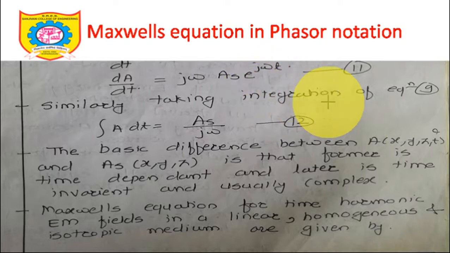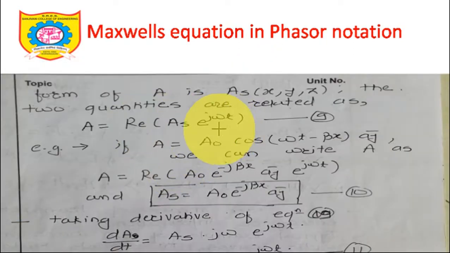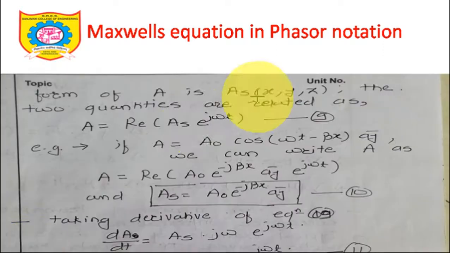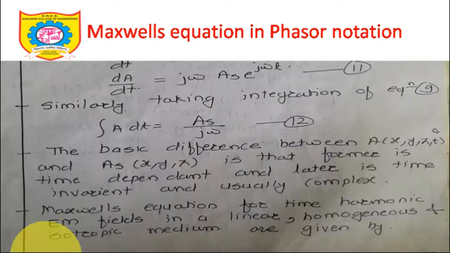Similarly, if I take the integration of equation number 9, the integration of A bar with respect to t gives e raised to j omega t divided by j omega. The basic difference between A of x, y, z, t and A_s of x, y, z is that the former is time dependent and the latter is time invariant and usually complex.